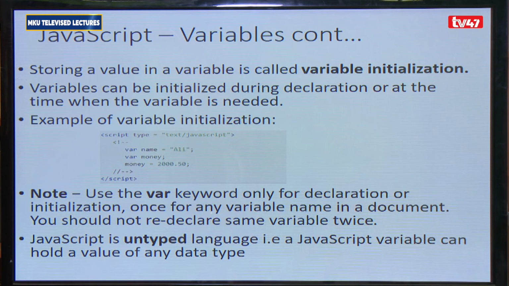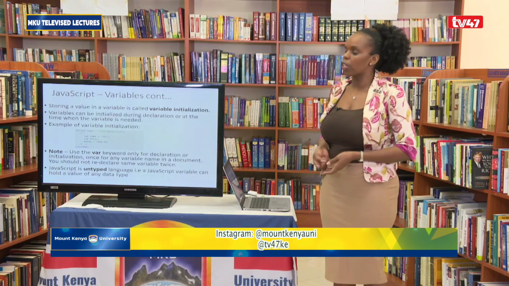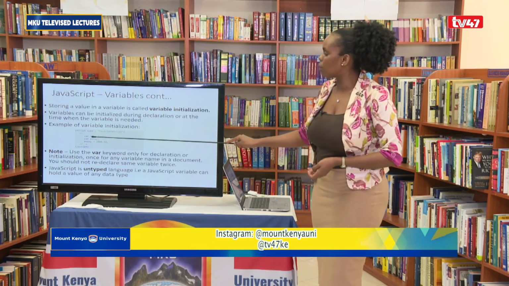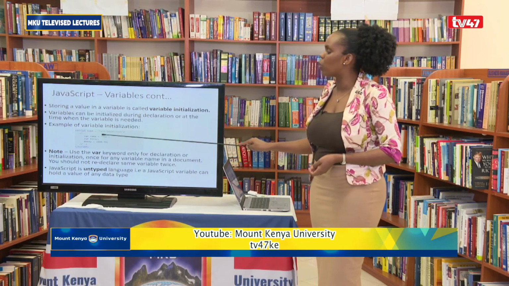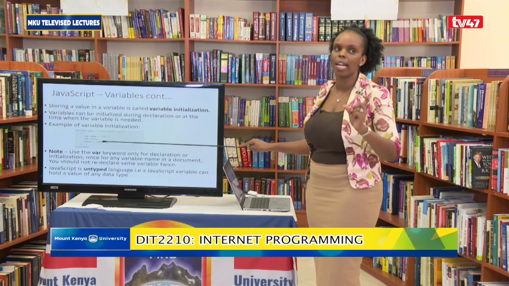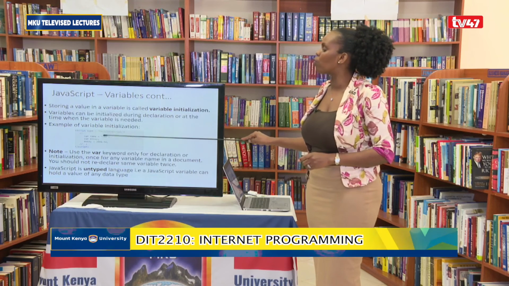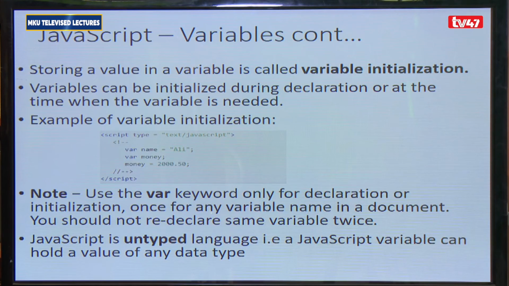Now, we have a simple example of how to initialize variables given to us here. We have our two variables. In the previous example, we had declared two variables, name and money. So we want to initialize the variable name with Ali. So we are seeing here that we are declaring the variable var name and then initializing. You initialize using the equal sign and then what value you're giving to that particular variable.